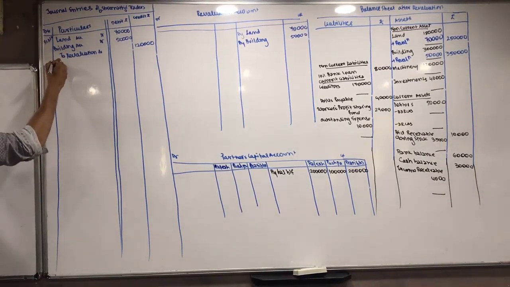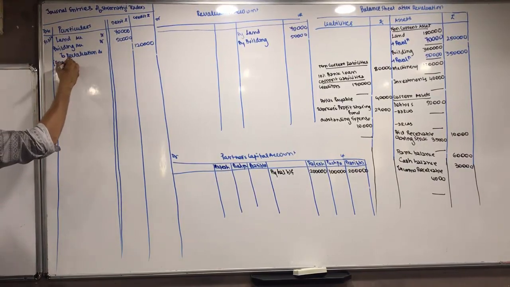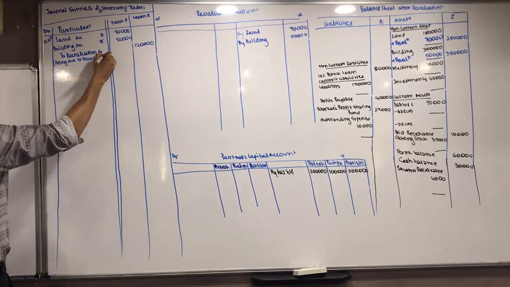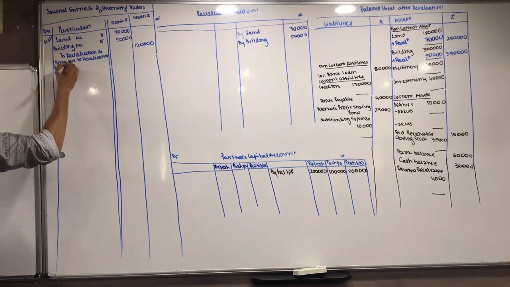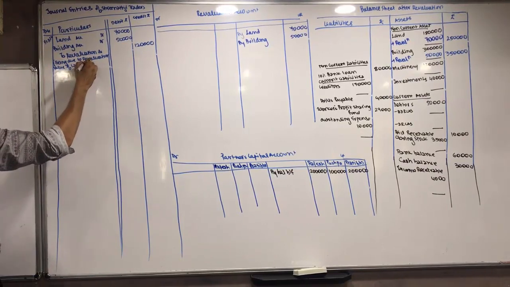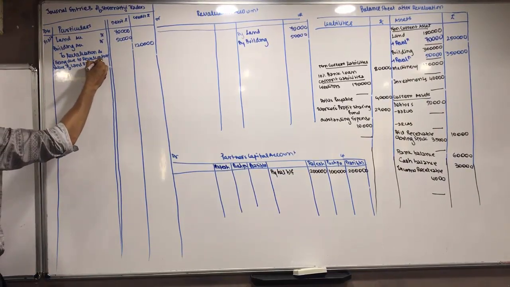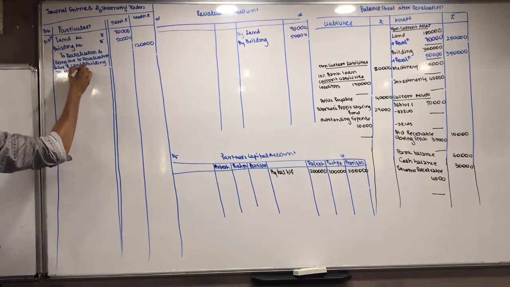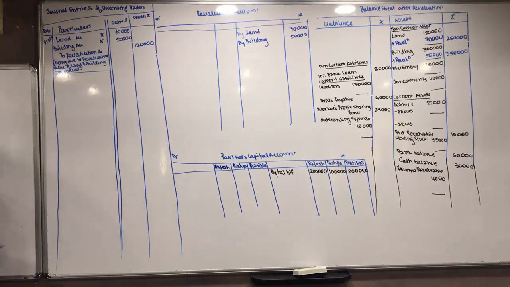Narration: Being due to revaluation, value of land and building increased. Any doubt in this? Any doubt in the entry? Okay, next.